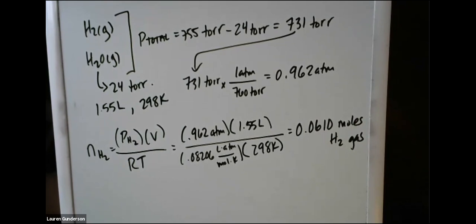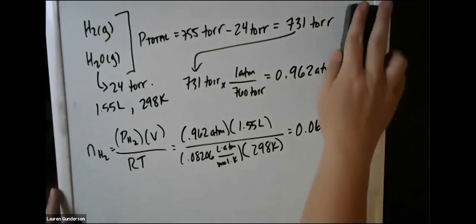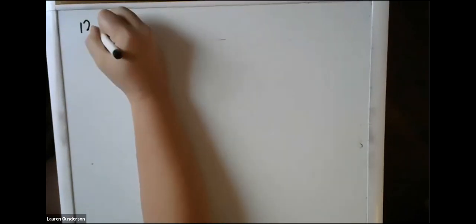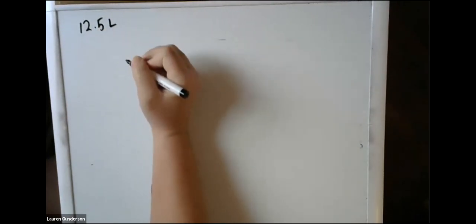Okay, let's look at our next example. We have a 12.5 liter scuba diving tank that contains a heliox mixture made of 24.2 grams of helium and 4.32 grams of oxygen at 298 Kelvin.